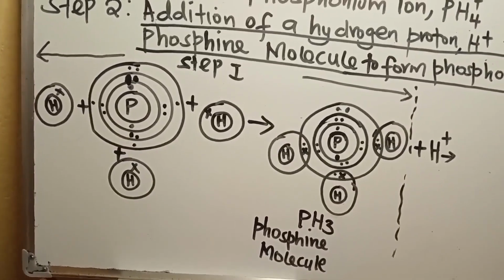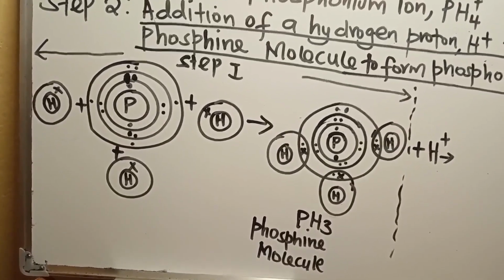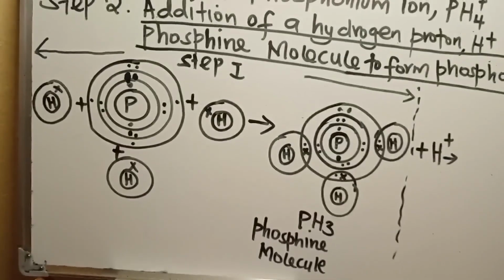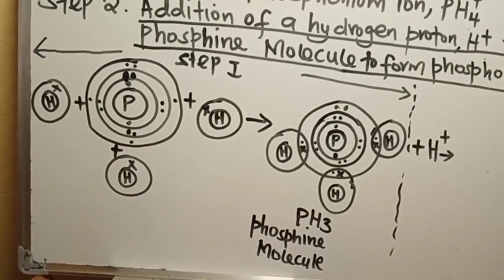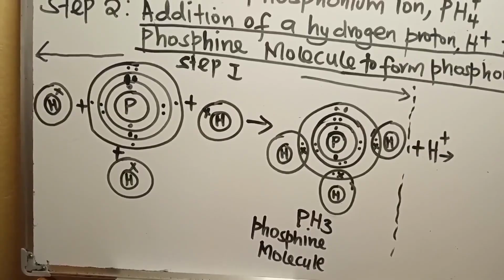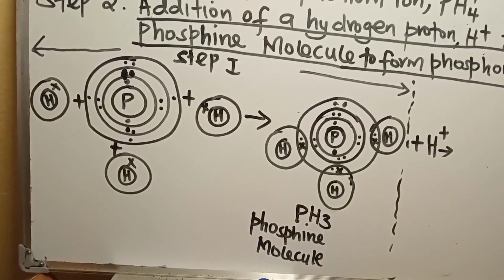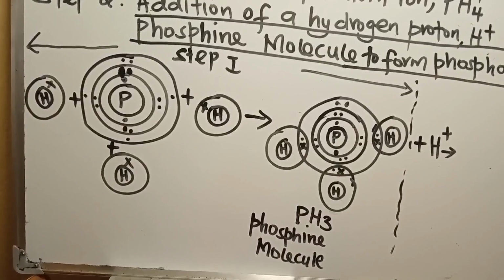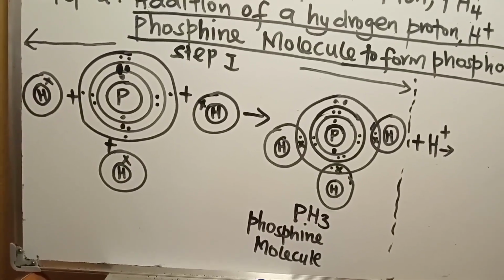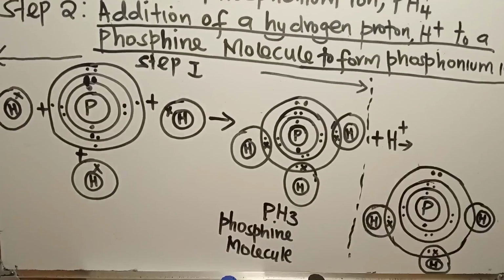So what will you do? You just share whatever you have. So this phosphorus that we have here has a lone pair of electrons, the 2 electrons at the top. Hydrogen is coming in with no electrons to share. So this hydrogen will come and attach itself up there.